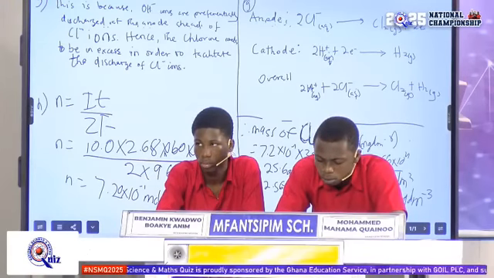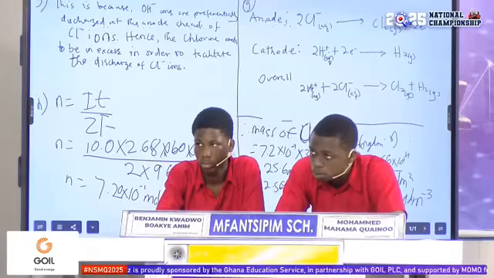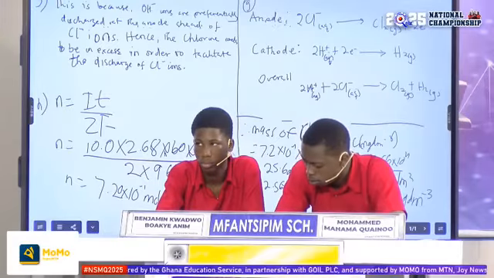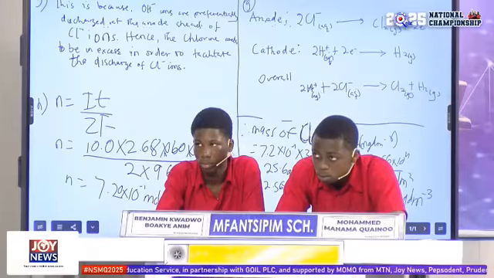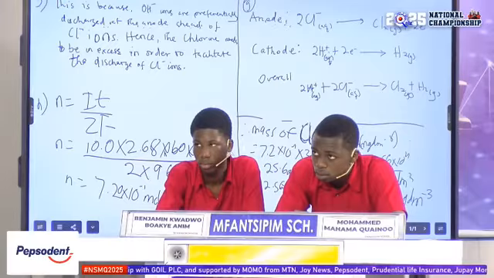From this, we can calculate the moles of electrons. We take this charge passed divided by the Faraday, so we have 96,500 coulomb divided by 96,480 coulomb per mole, and to 3 significant figures, you will have 1.00 moles. This is worth 2 points.